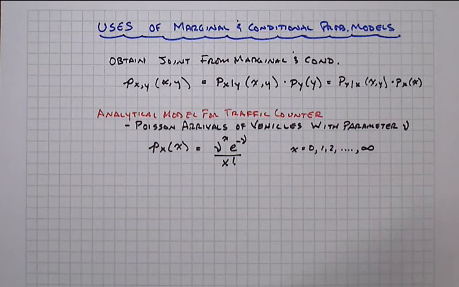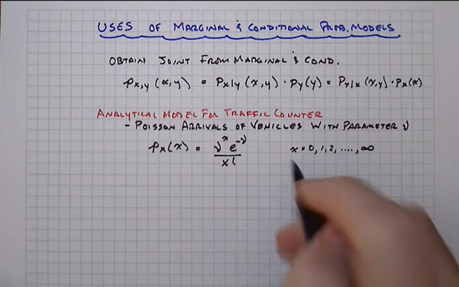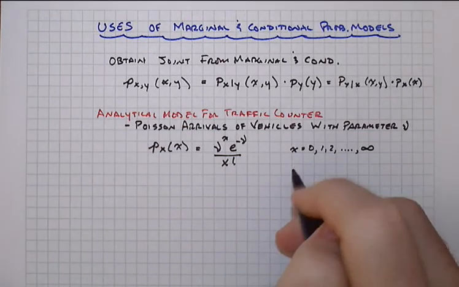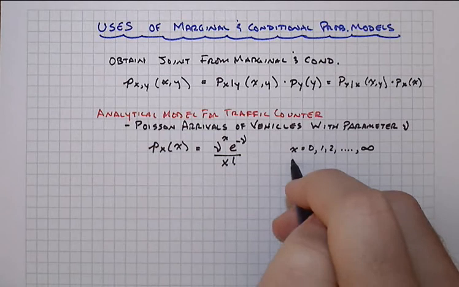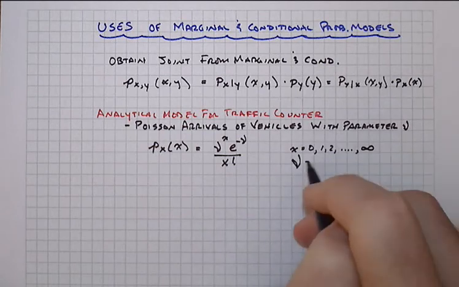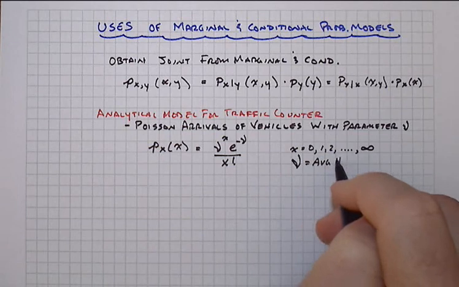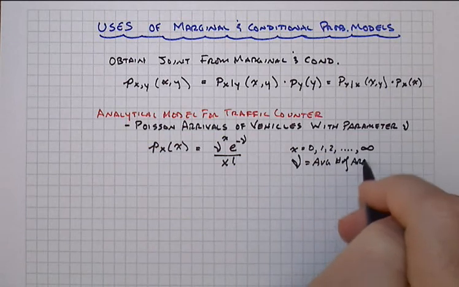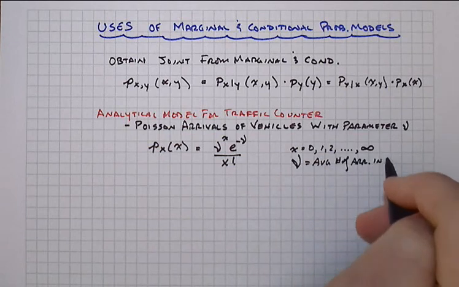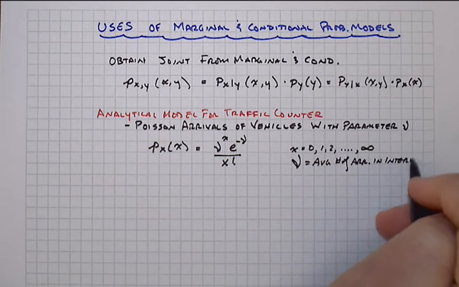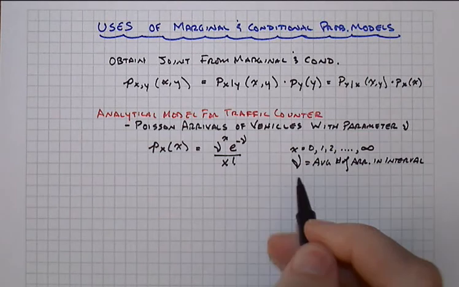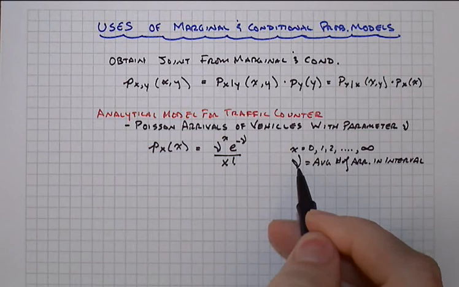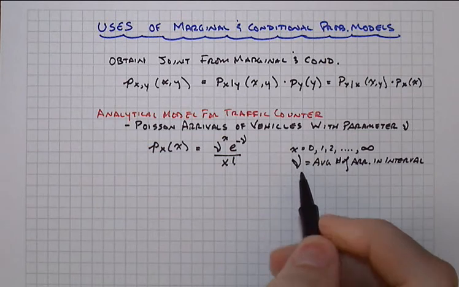And remember from the Poisson that our expected value, or our average, was equal to nu. The average number of arrivals in our interval, in our case a 30-second interval. If we wanted to do this on a minute or 2 minutes or something like that, we can reinterpret the data to get a new nu, pardon the pun, for that parameter.